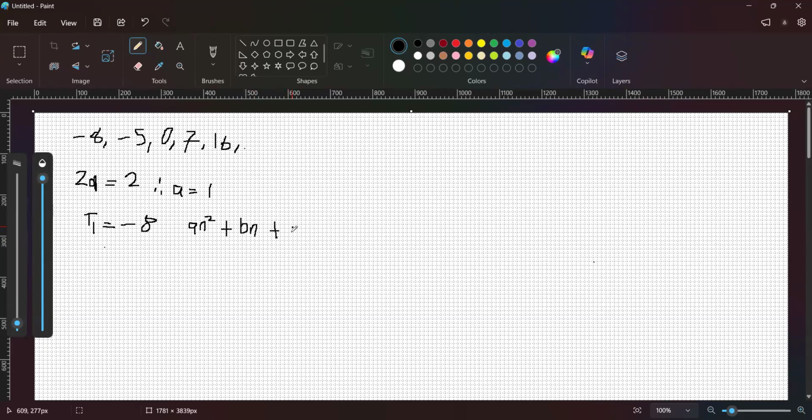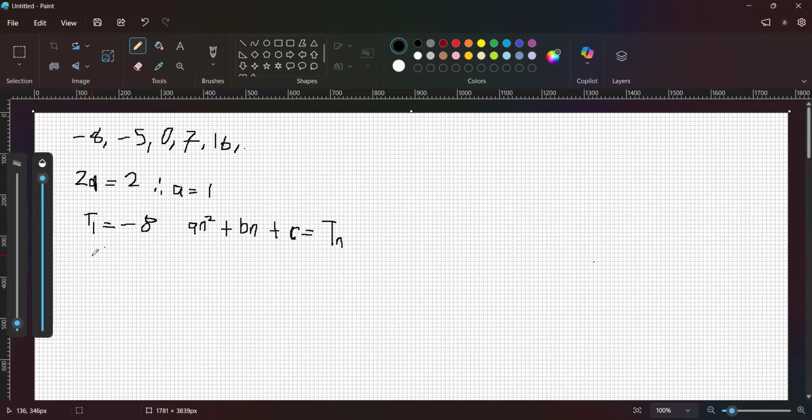This is the general formula for Tn, the nth term of a quadratic sequence, where we know that A is equal to, in this case now, 1.